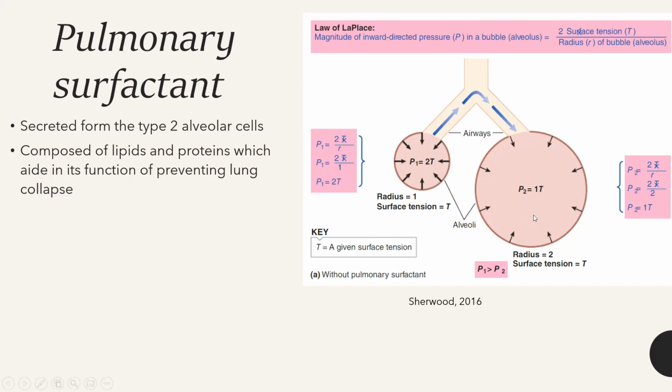So again, both of these alveoli have the same surface tension on them, but are of unequal size, and this is without surfactant. So without surfactant, the smaller alveolus has a tendency to collapse and empty itself into the larger alveolus. So that's what we see here in this picture.